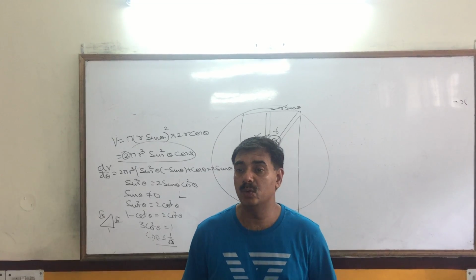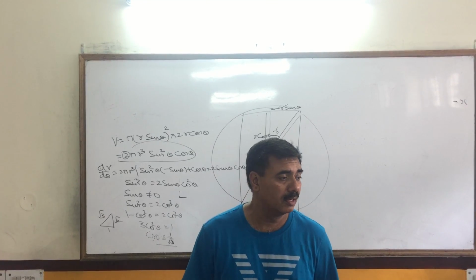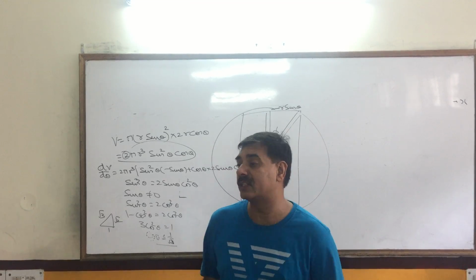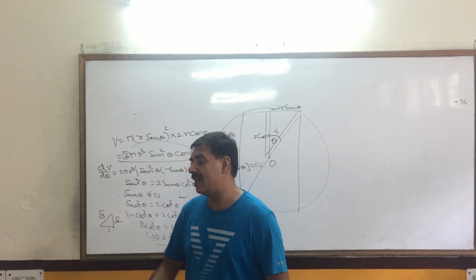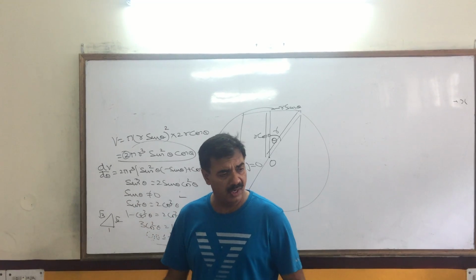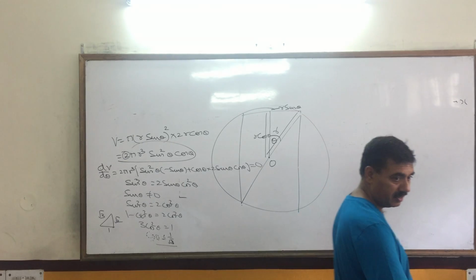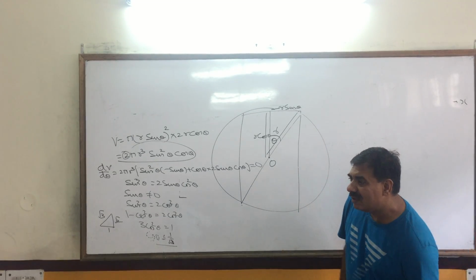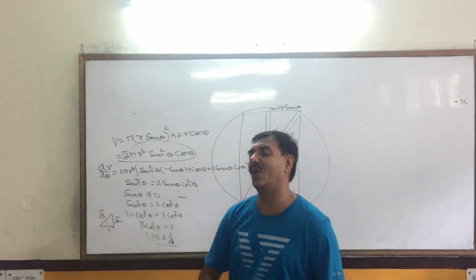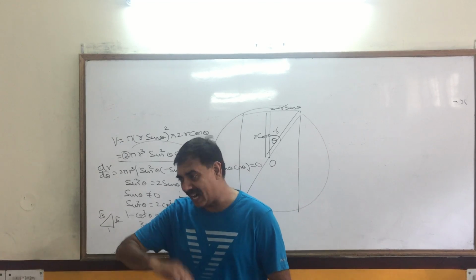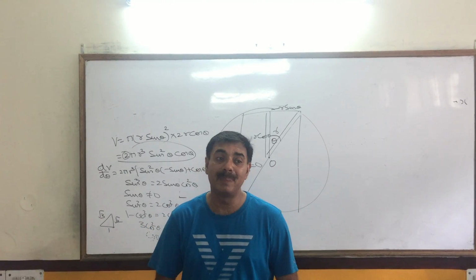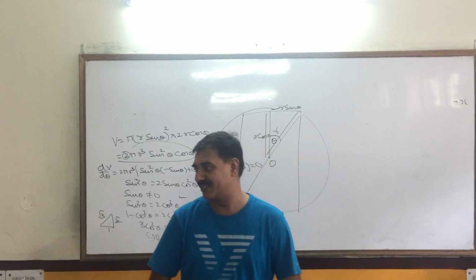Just as we use the Gauss theorem in electrostatics to determine the electric field due to certain complex charge distributions such as a line, a sheet, a sphere, insulator, conductor, hollow, solid, similarly, we will use Ampere's circuital law to determine the magnetic field due to complex current distributions.